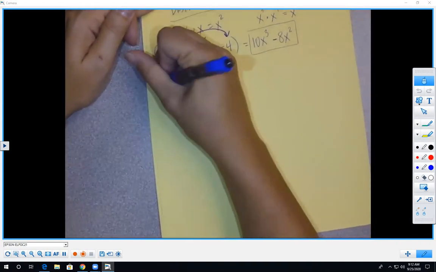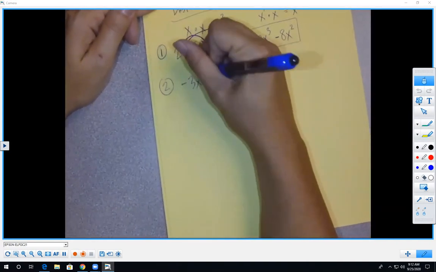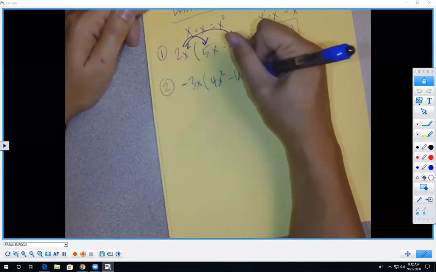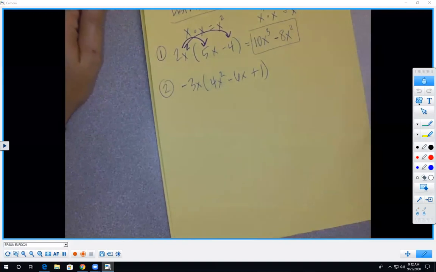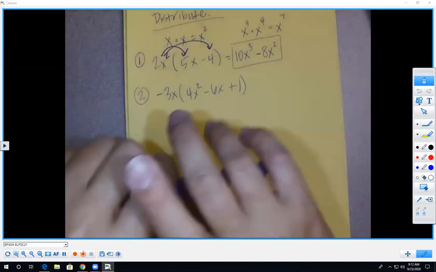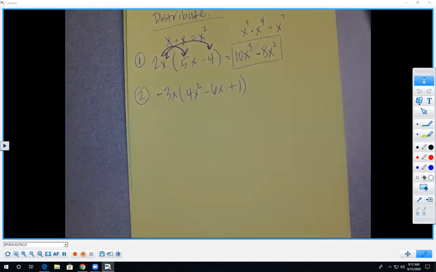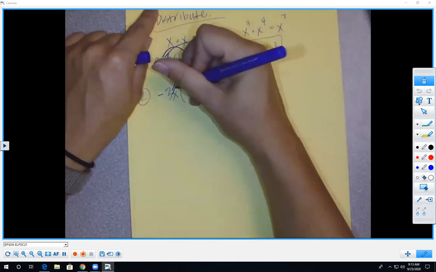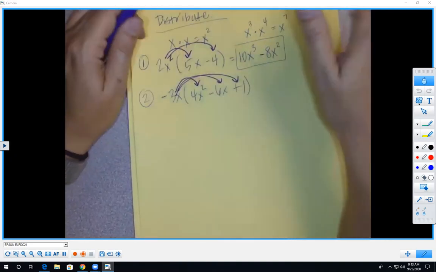Okay, what about if we had negative 3x times 4x squared minus 6x plus 1? Again, you're just going to distribute your negative 3x to everything inside the parentheses. So what is negative 3x times 4x squared?